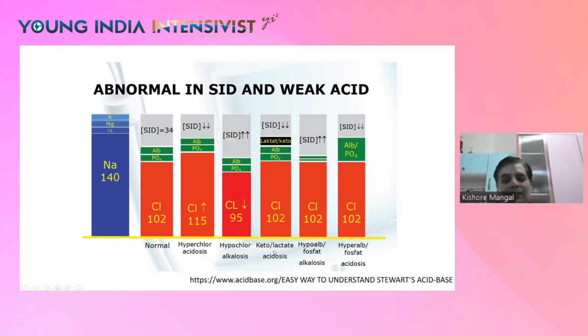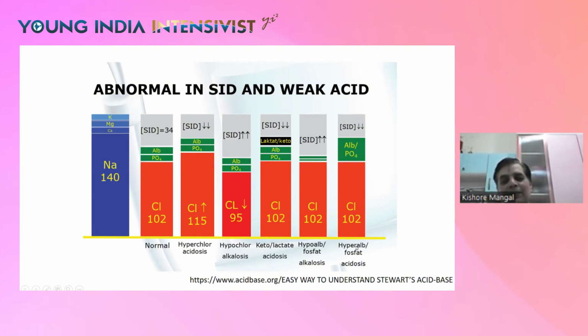If there is ketoacidosis or lactic acidosis, the sodium will remain the same, chloride will remain the same, but there will be an additional strong anion in the form of lactate or keto acids, which will reduce the SID, again leading to acidosis. If there is hypoalbuminemia or hypophosphatemia, this A tot will be reduced, and once the A tot is reduced, the SID effect increases, so the A tot reduction also leads to alkalosis.